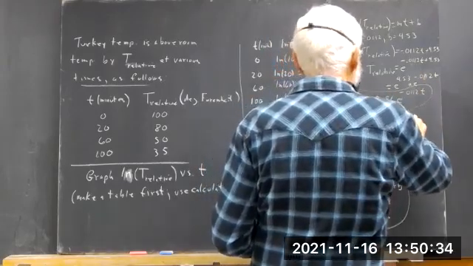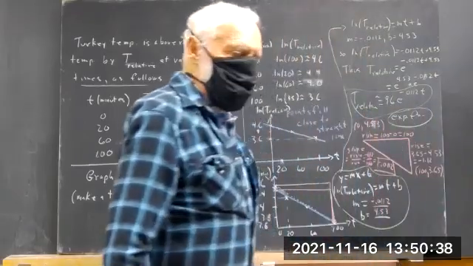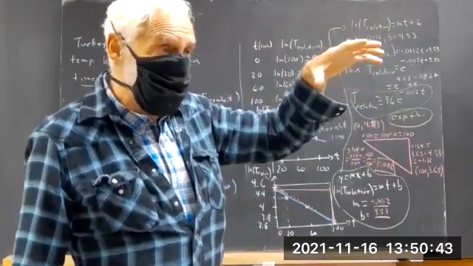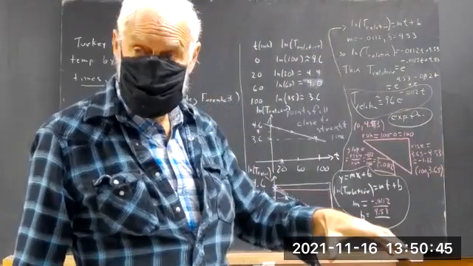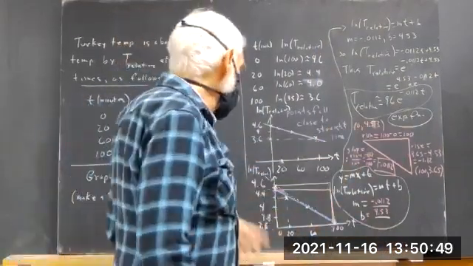This is an exponential function. We can determine how long it takes the turkey's relative temperature to drop to half. Okay, half of whatever it started at, or any time.